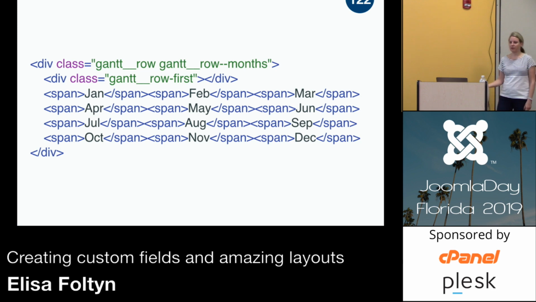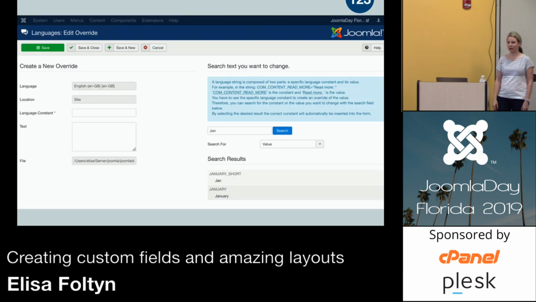Next are the names of the months. If you have a multi-language site, you maybe want to translate them. So, Jan, Feb, Mar. I go into language overrides from Joomla because I think that might be something that could be in core.